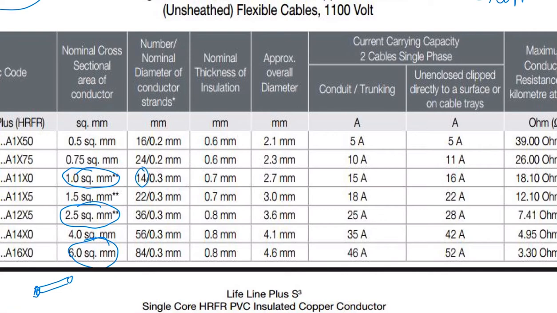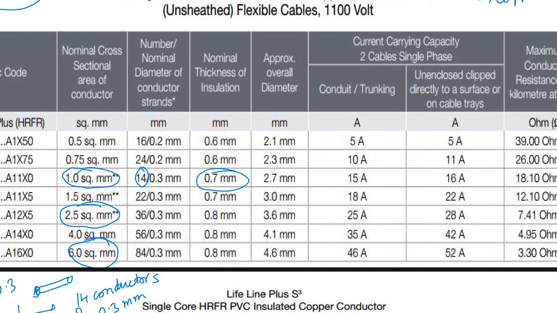Here it's 14, and so a 1 mm wire will have 14 thin conductors, each with a diameter of 0.3 mm. So this 14 and 0.3 means 14 conductors, and each conductor has a diameter of 0.3 mm. Okay. So then you have the insulation.